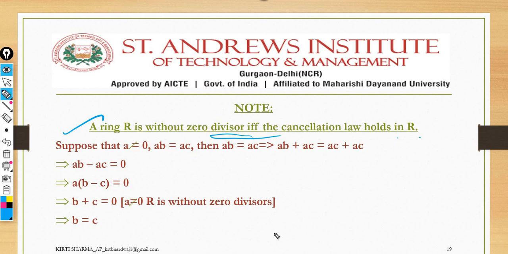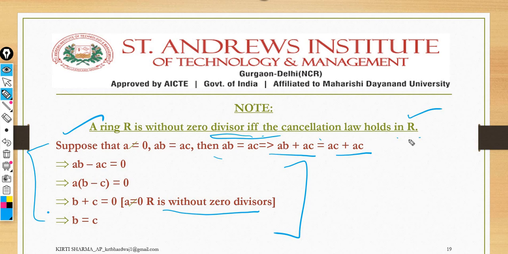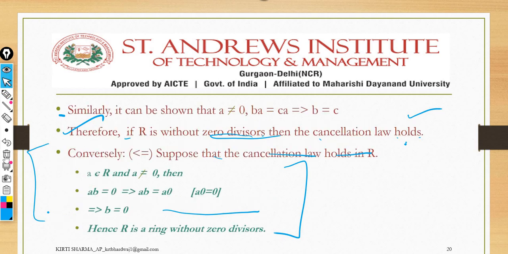You have to give the proper proof, taking the left-hand side and proving it by operating on both the left and right sides, with the help of the without-zero-divisor condition. So if you have a ring R without zero divisor, then the cancellation law holds in R. If the cancellation law doesn't hold in R, then you cannot say so. You can give the proof like this, so make sure you go through this proof here.